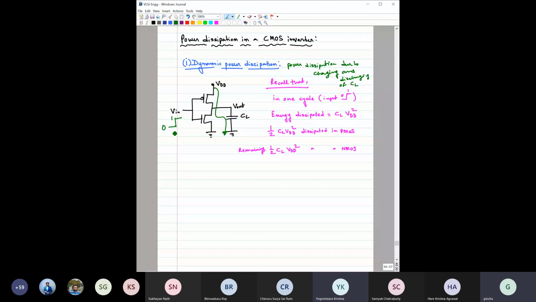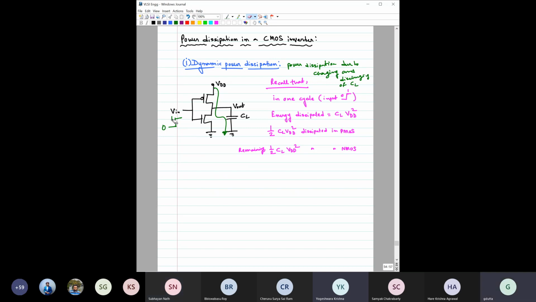Now, you know that during this charging, when this voltage is rising from 0 to 1, what will happen to this output? It will go from 1 to 0.